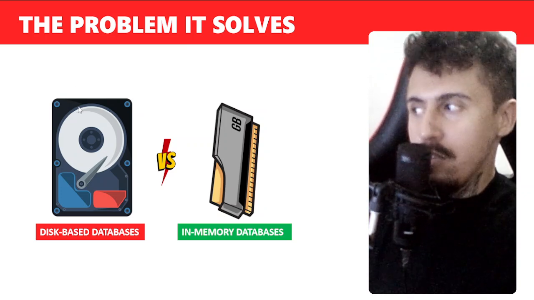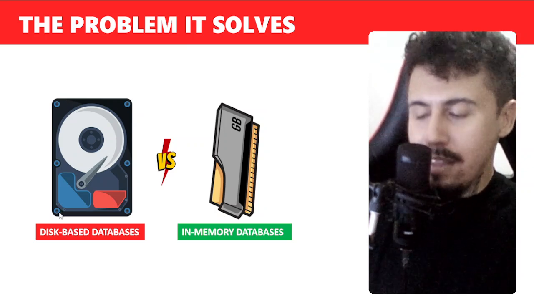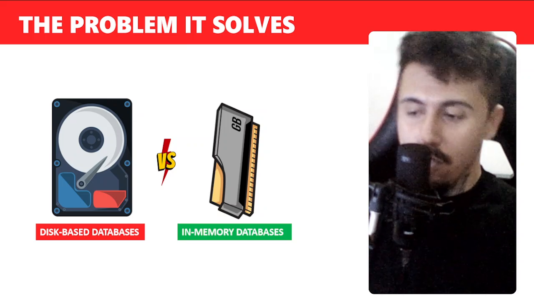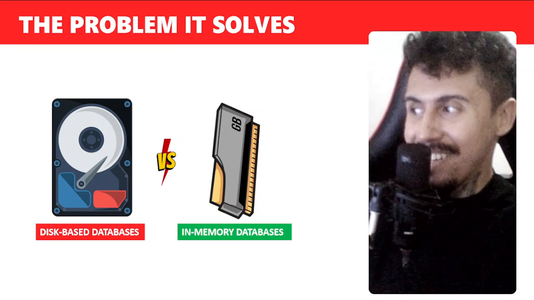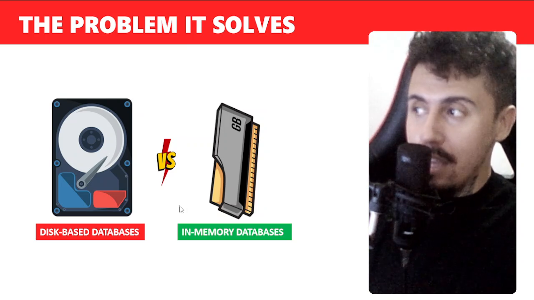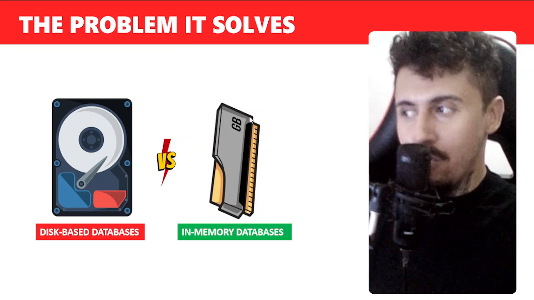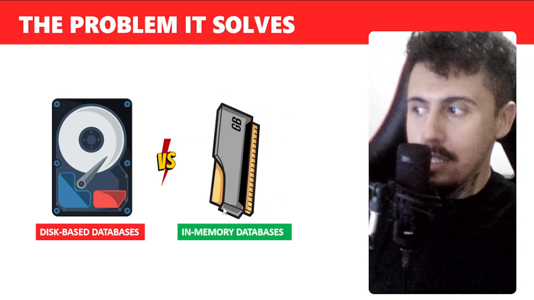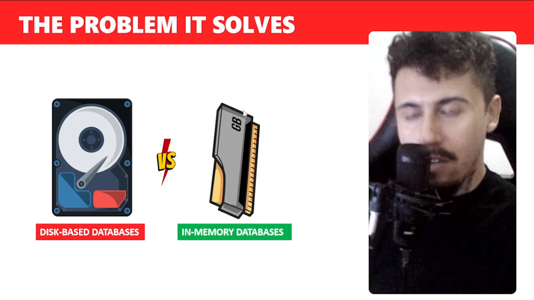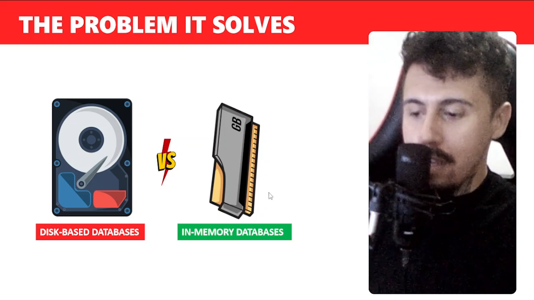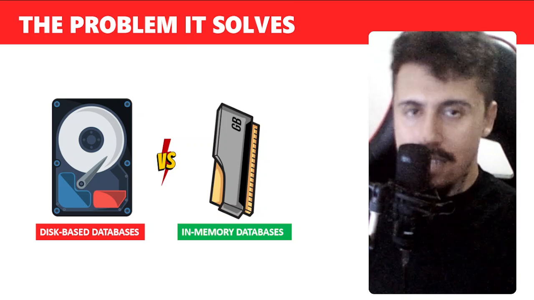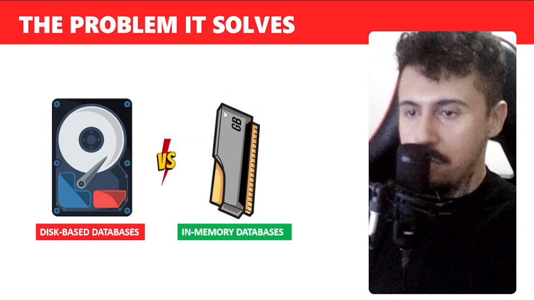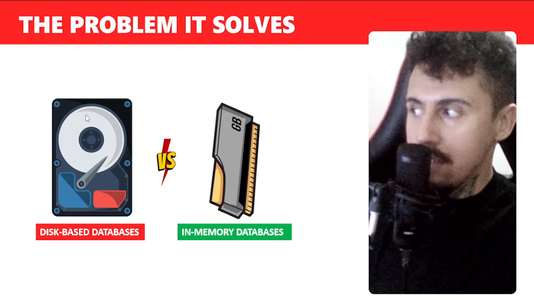If you're using MySQL, you're storing in the hard disk of your machine or your servers. When you use an in-memory database, you're storing in the RAM, the random access memory, in this device right here. So with RAM, the retrieving time, the access time, the latency is much faster. It's way faster than the disk.